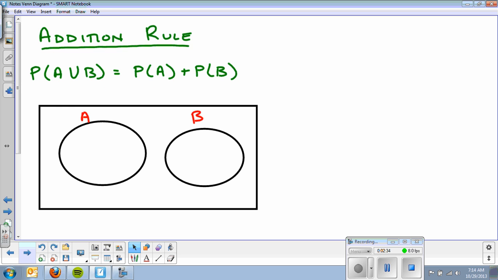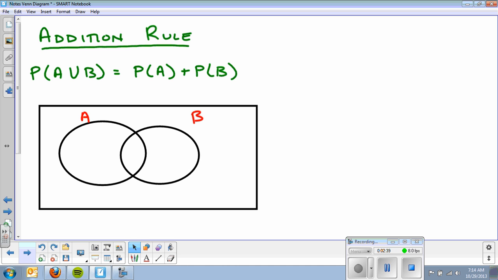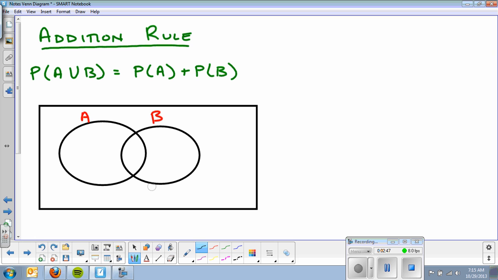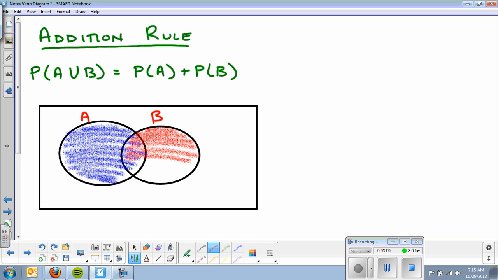Now, if we look at the same example, but we shift this circle over a bit, now these two have an overlap. Okay, so that becomes a little more challenging, not too bad. Let's use a crayon here to help us color. So if I take the probability of A plus the probability of B and add those two numbers together, I'm going to have a problem because there's an overlap there.